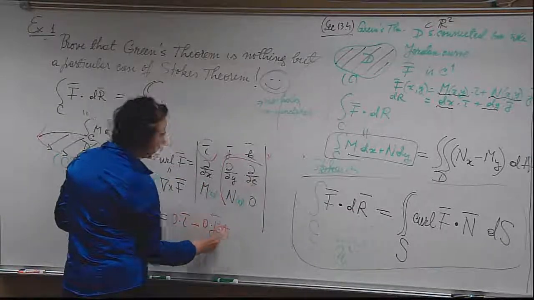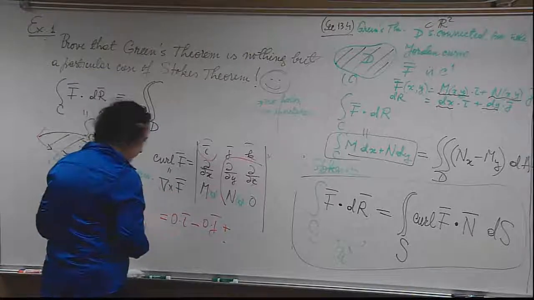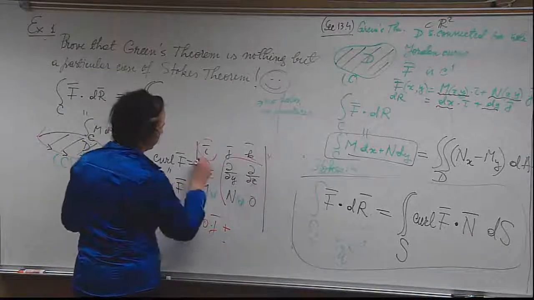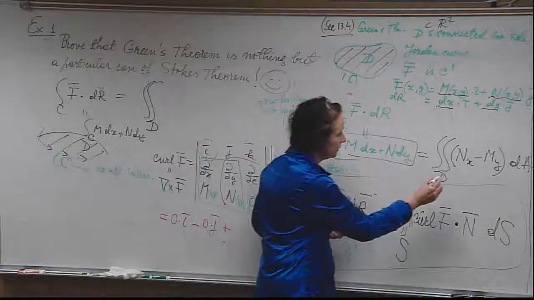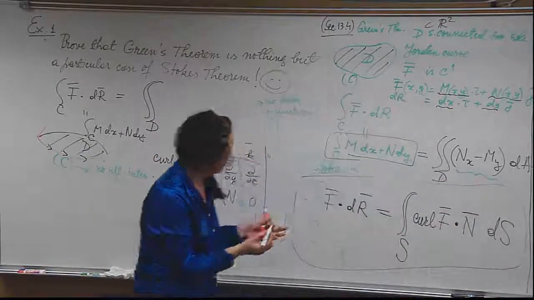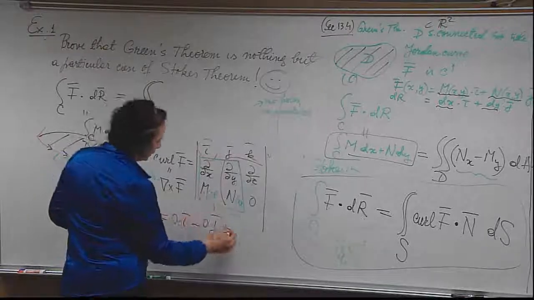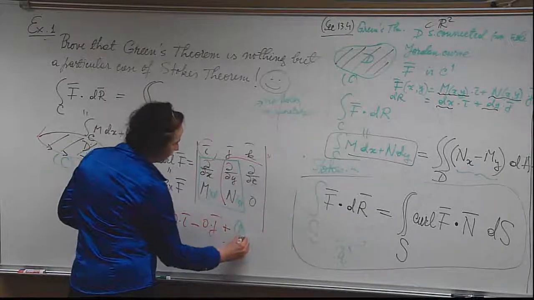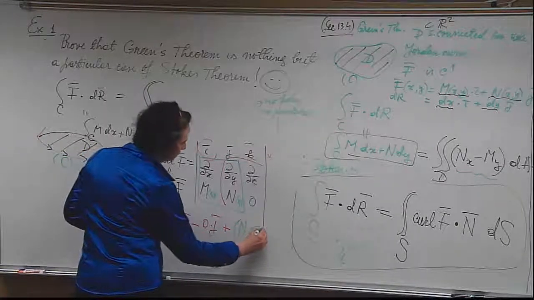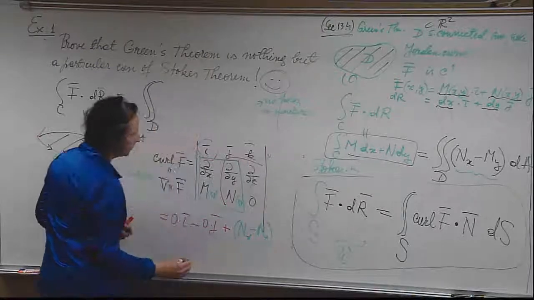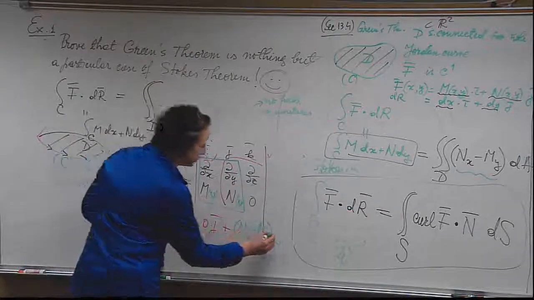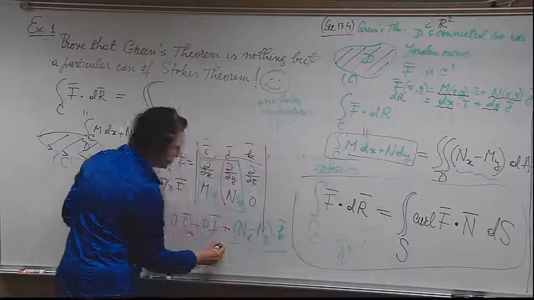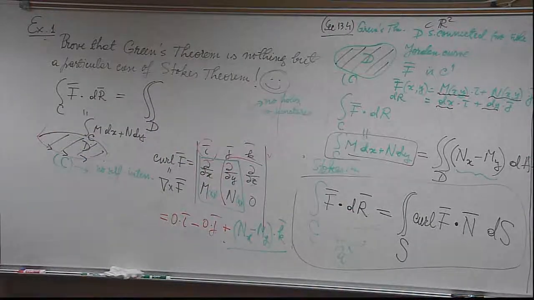Finally, the only one that matters here is this determinant, the derivative of N with respect to x minus the derivative of M with respect to y, times k. That's the only component that's not 0.